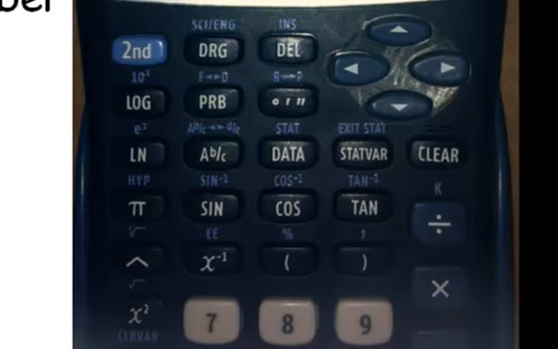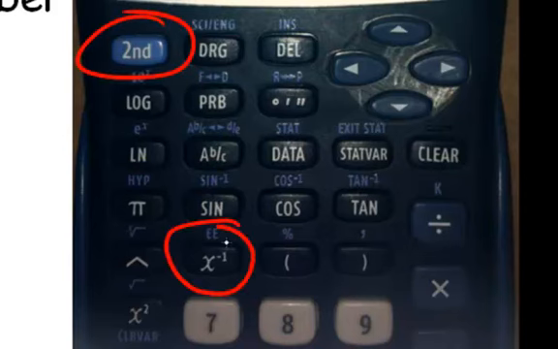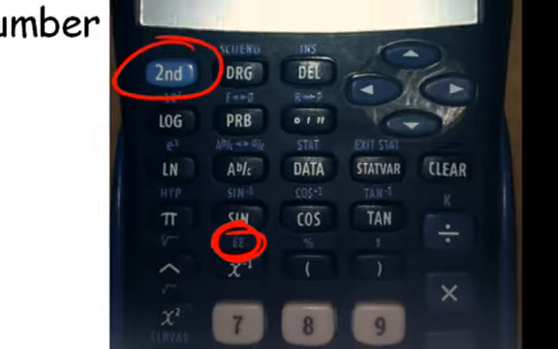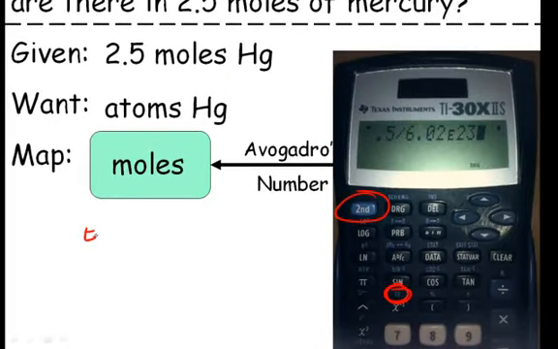To get to our E function, we're going to hit second, and then the inverse button. Because if you notice, above the inverse, there's the EE. So, EE will display as just one capital E, and that's going to take the place of our times 10.